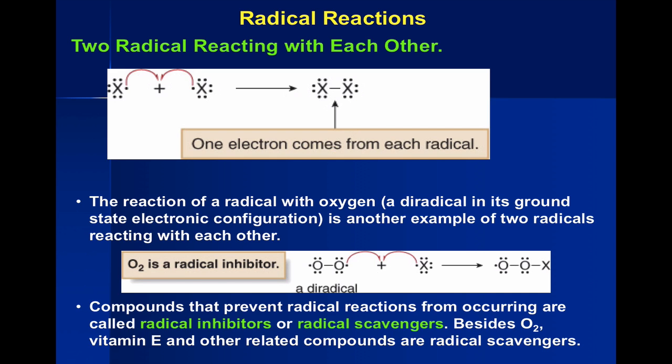And so you had two orbitals of the same energy level that each had a single electron, one on each oxygen atom. And so that's why the air that we breathe is called triplet oxygen, because there are actually two single electrons, one on each oxygen atom.